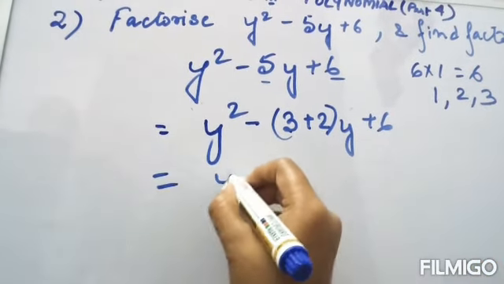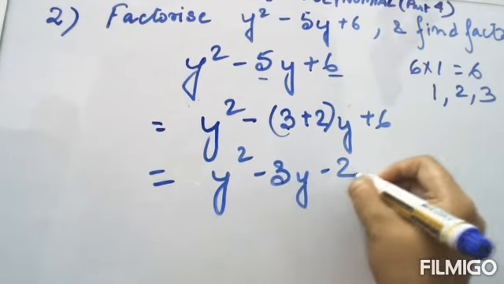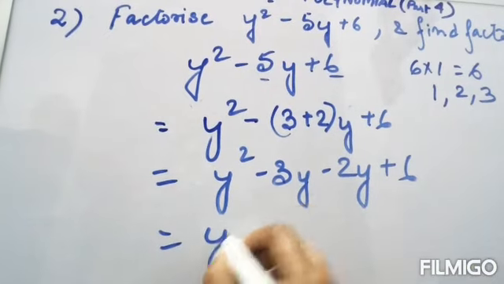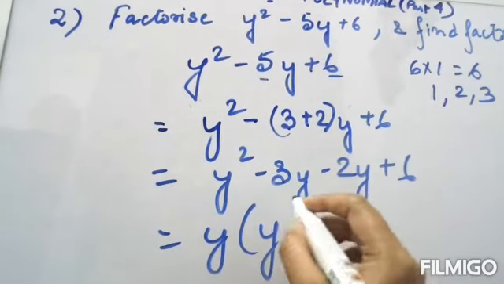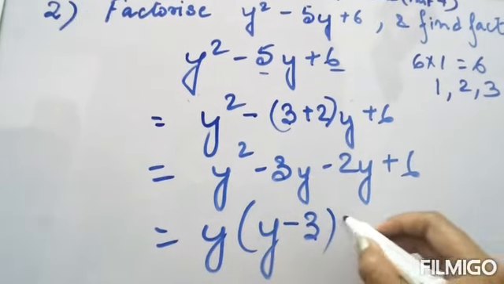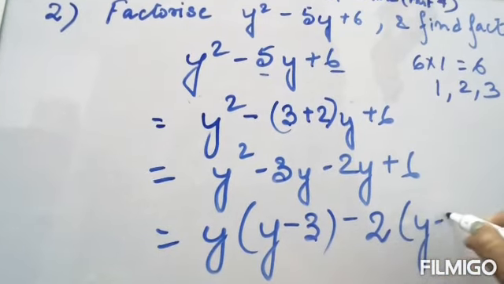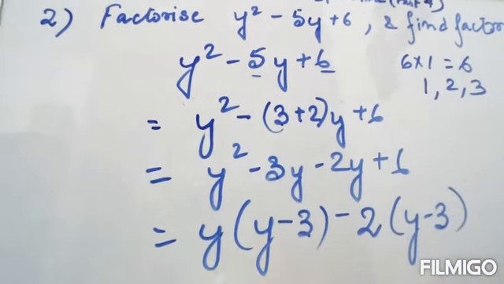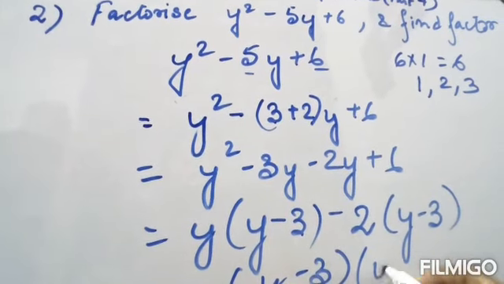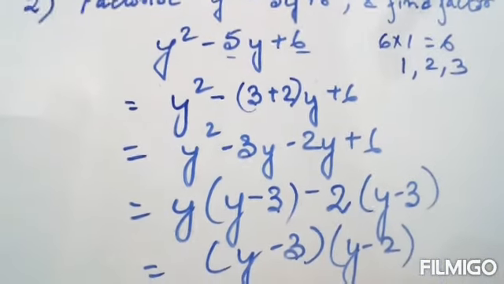So we can write minus 3y minus 2y plus 6. If we take y common, it will be y minus 3, and if we take 2 common, it again comes y minus 3. So it is y minus 3 into y minus 2.